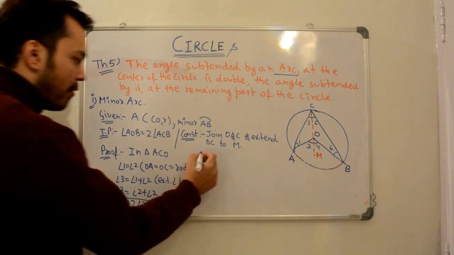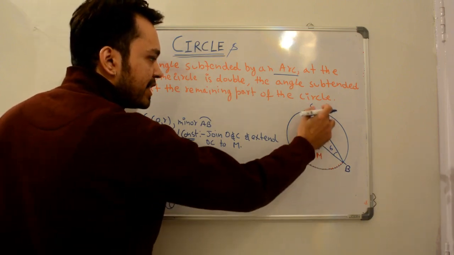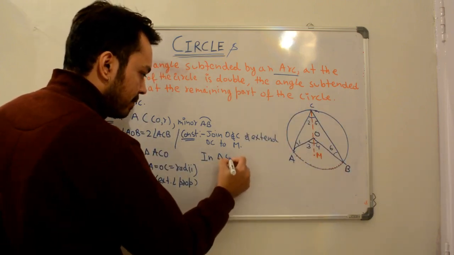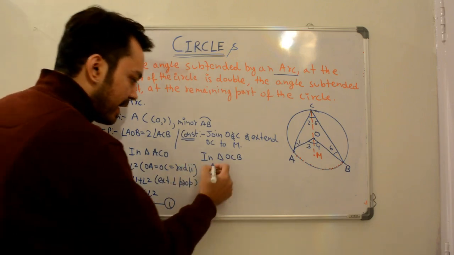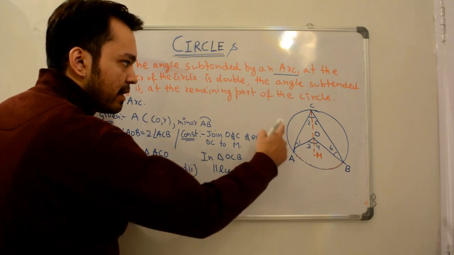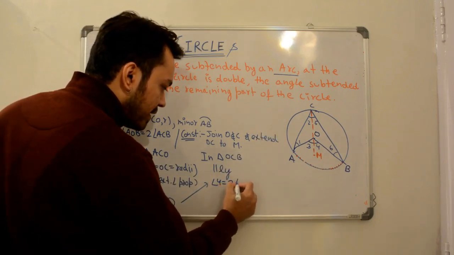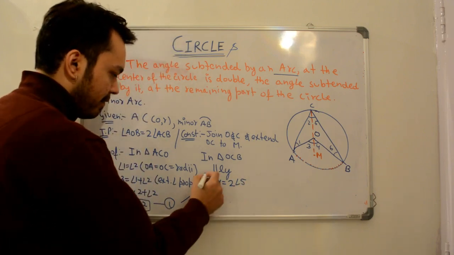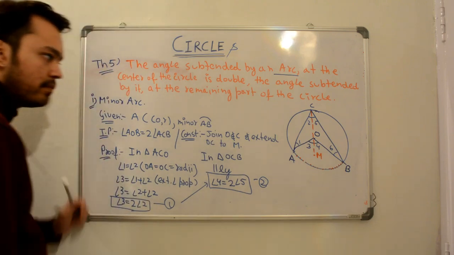Moving on, now I write in triangle OCB. Now no need to write the same stuff again. So I write similarly, angle 4 is equal to twice of angle 5. Again, let me highlight this point as number 2.